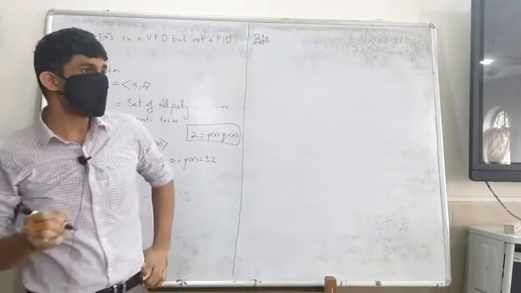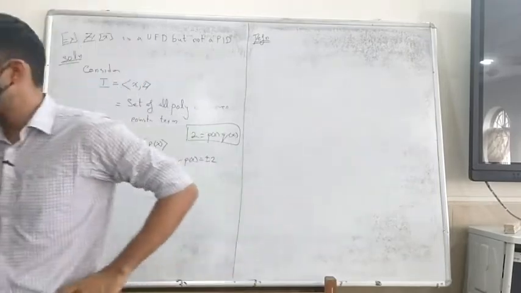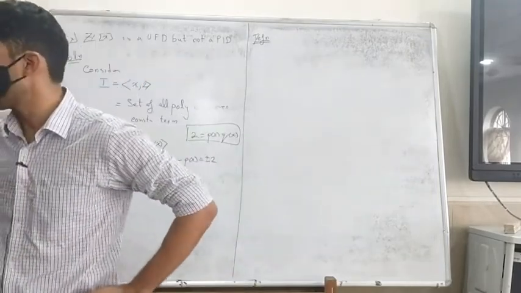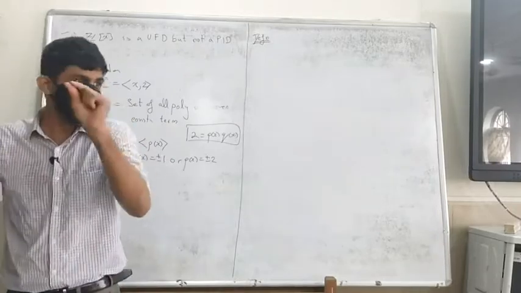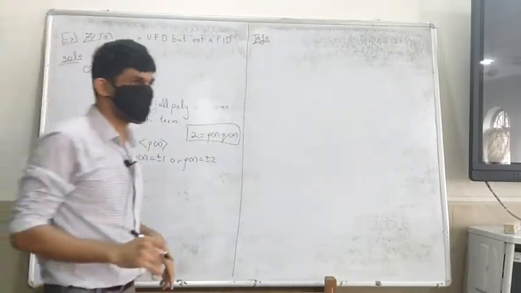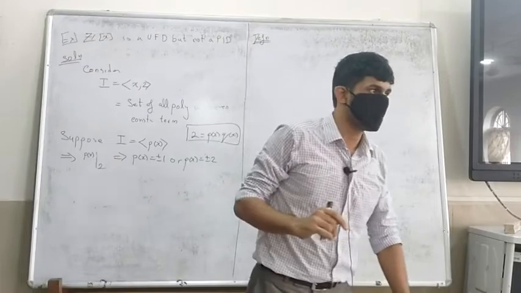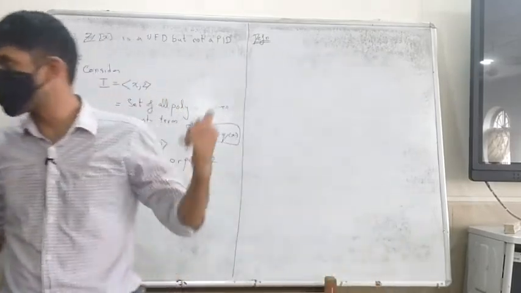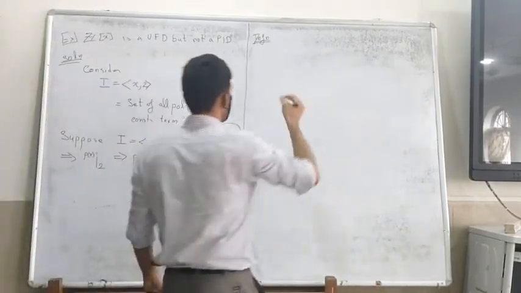We say that an integral domain is a Euclidean domain if you can find some function on that integral domain which satisfies some properties. Let us see which ones.